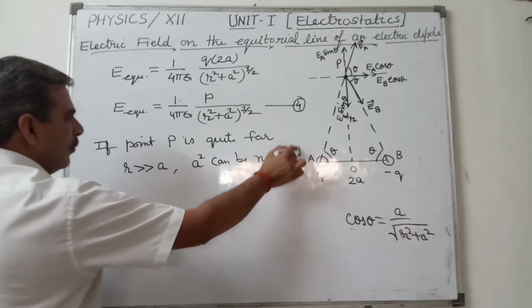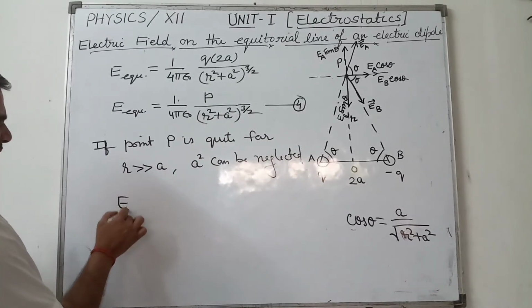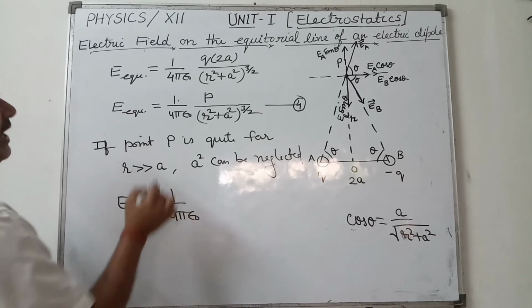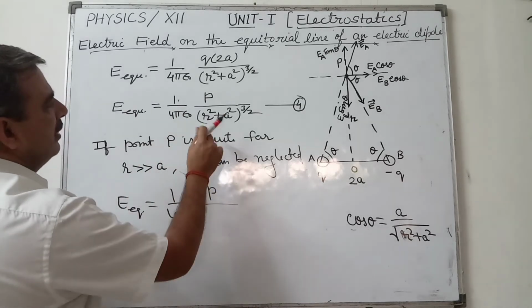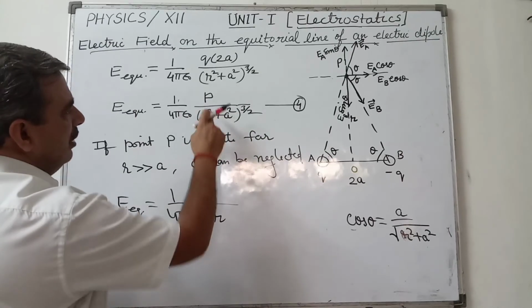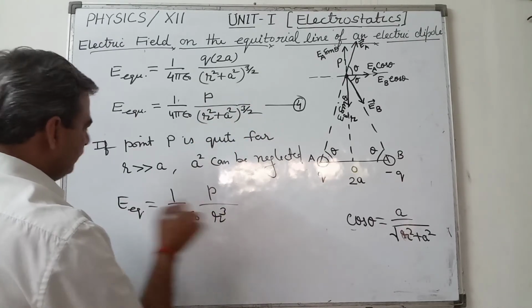So you have E equatorial equals 1 over 4 pi epsilon naught P over R square, A square get cancelled, 2 and 2 get cancelled, you have R cube. And this is equation number 5.